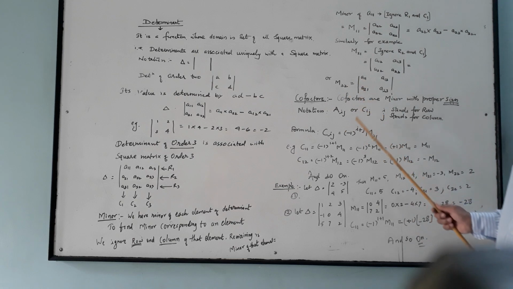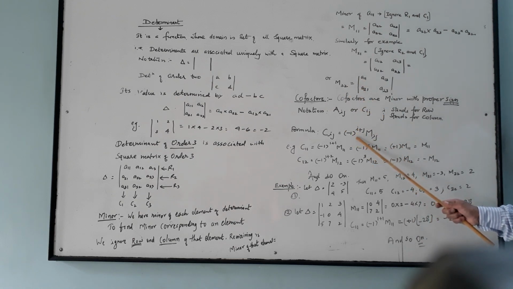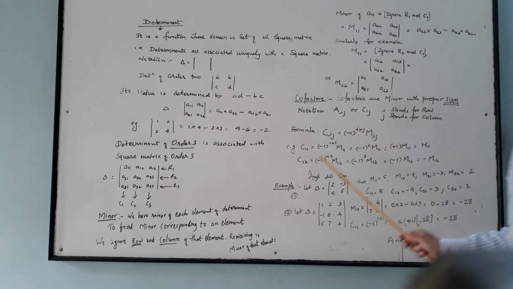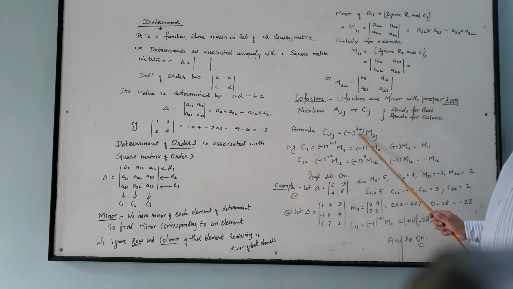Formula: the proper sign we put by this custom, minus 1 to the power I plus j. Cij is equal to minus 1 to the power I plus j, that is, Mij. Minus 1 to the power I plus j gives you the proper sign of the cofactor.